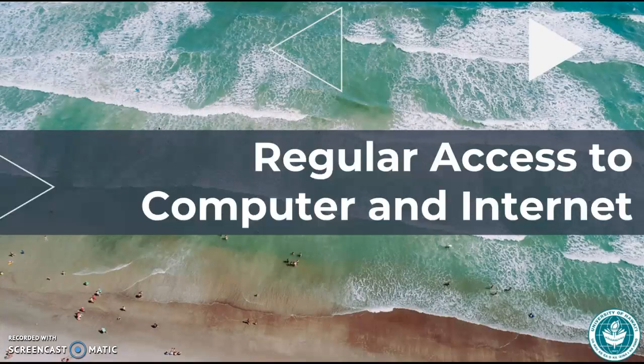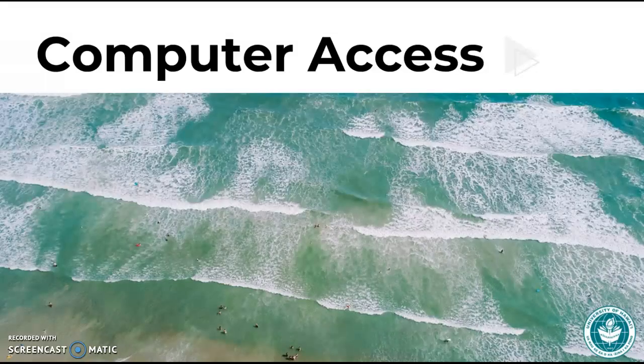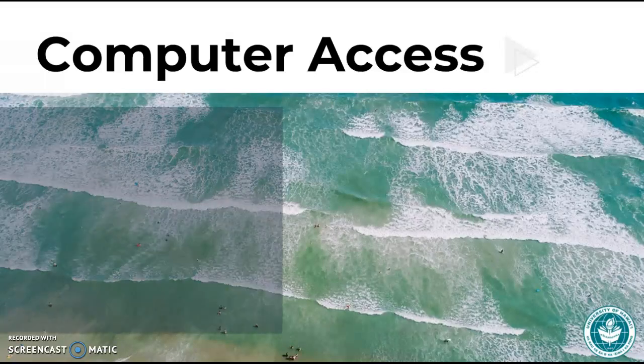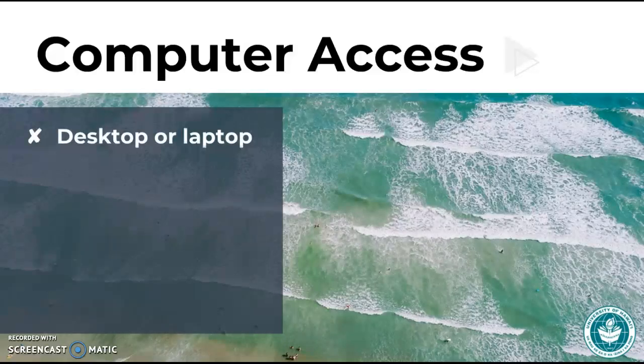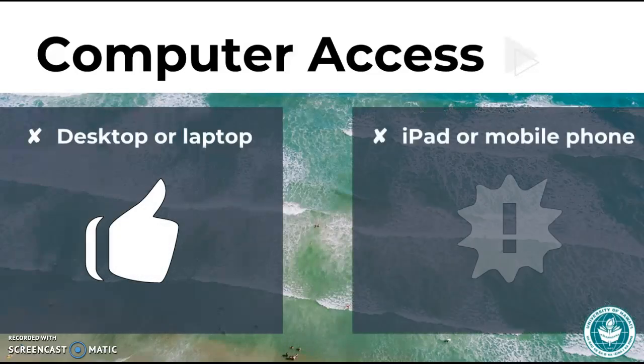So first, let's talk a bit more about what it means to have regular access to a computer and the internet. A desktop or laptop computer is the ideal form of technology for online courses. An iPad or tablet is okay, and mobile phones are the most challenging technology to use for online courses.